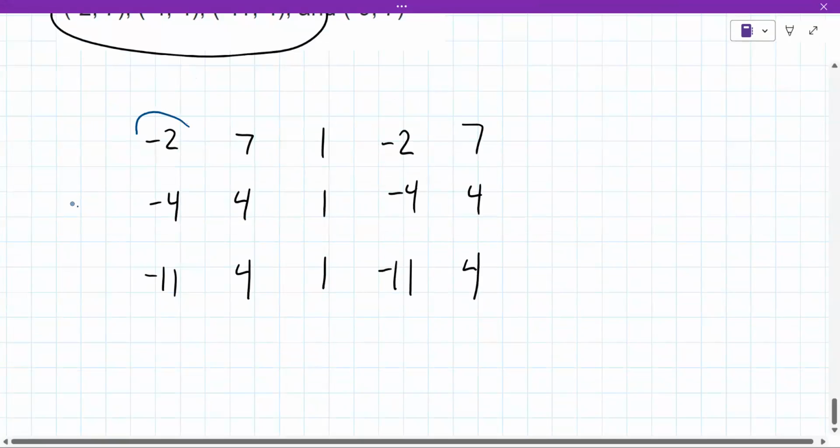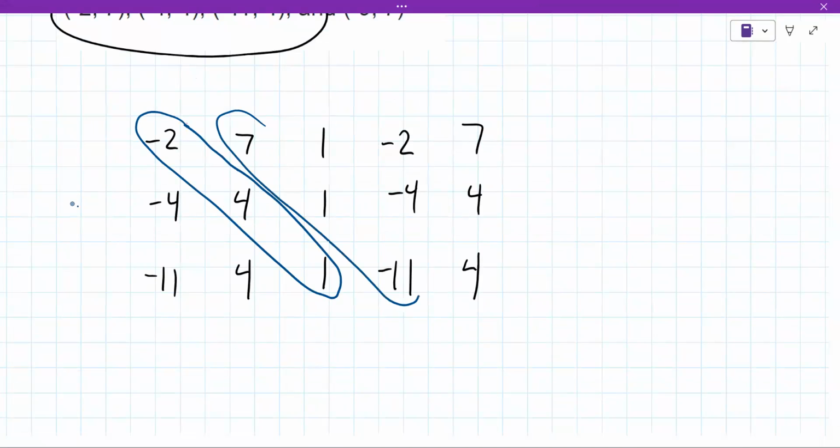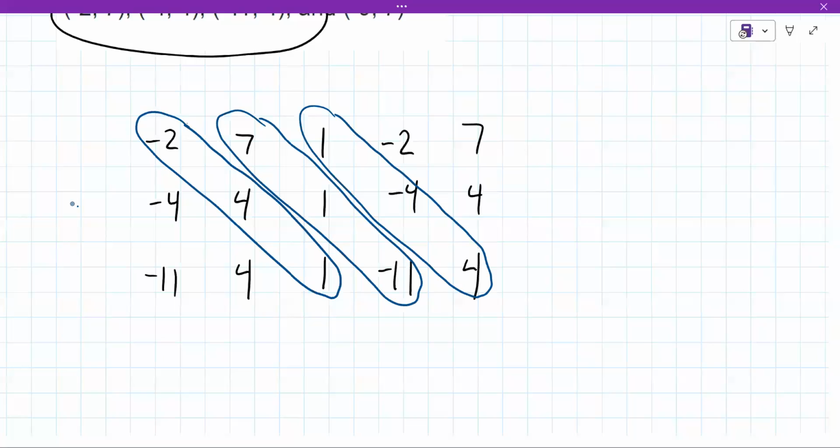So you got to do the same thing we've been doing here. You got to multiply diagonally, diagonally, and diagonally. So go ahead and give me those numbers, please. All right.